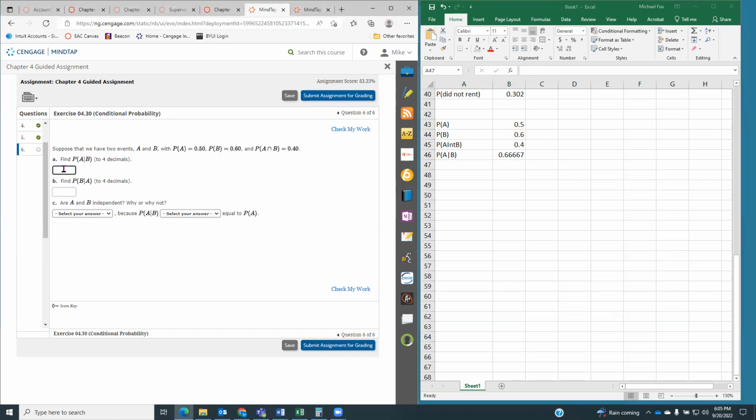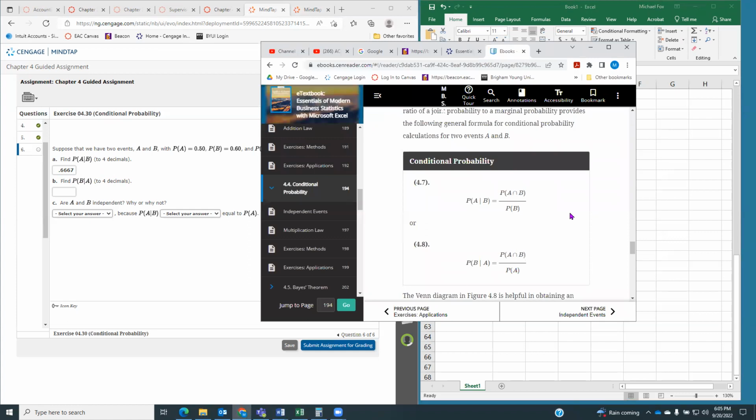So we have 0.6667. All right, and then the probability of B given A. Oh look, here it is, I found it with A's and B's instead of A's and M's.